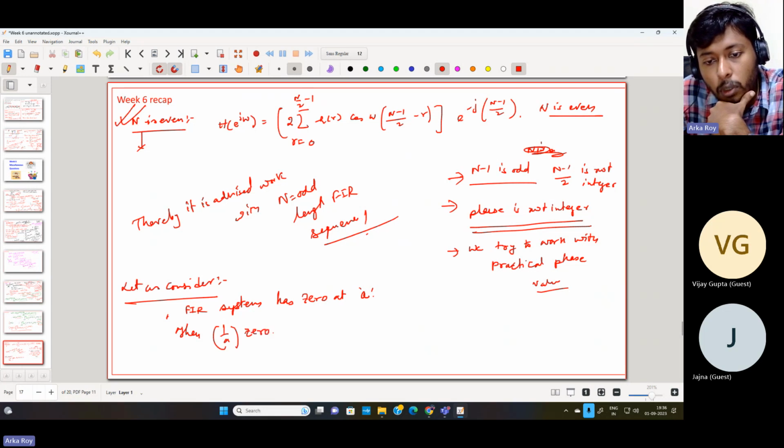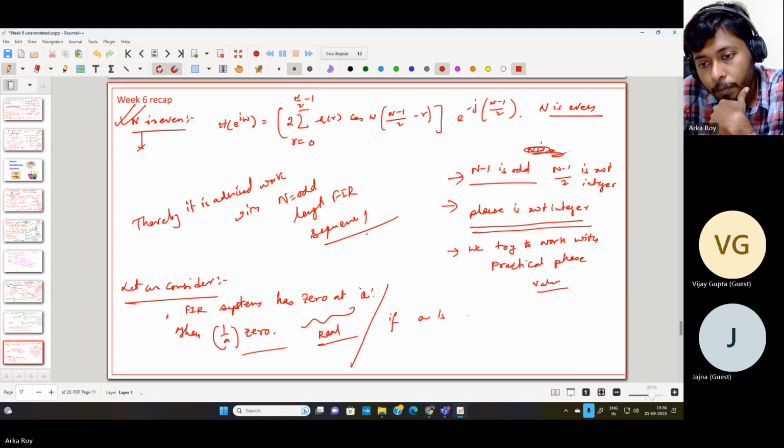That means at 1 upon A, we'll get another 0, provided that A is real. This comes from the linear phase linearity property in particular.